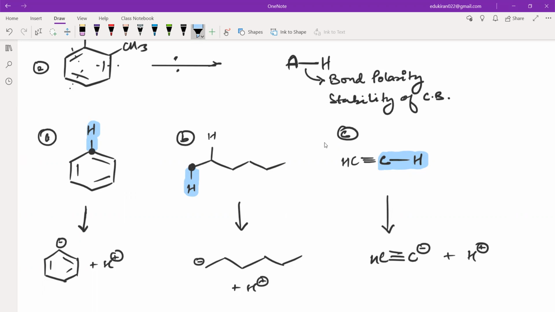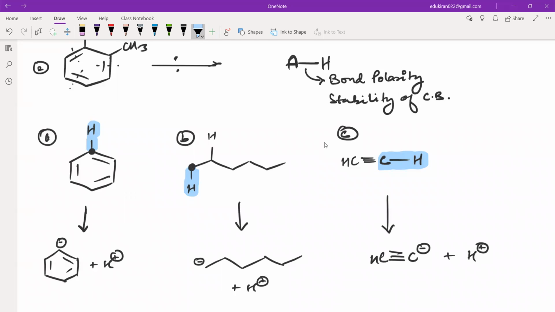How are they different? One thing that I think you can see is the bonding, right? This carbon has 1 pi bond, this carbon has 0 pi bond, and the C carbon has 2 pi bonds, right? Yes, sir.